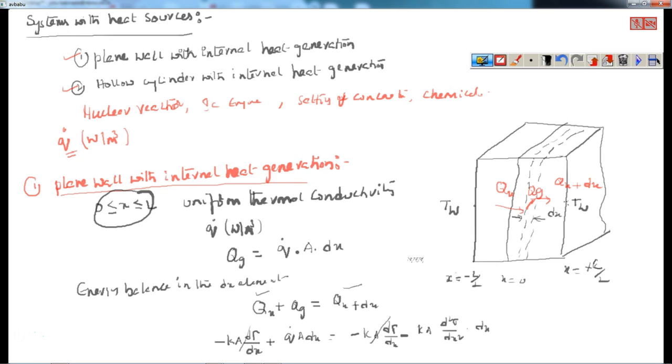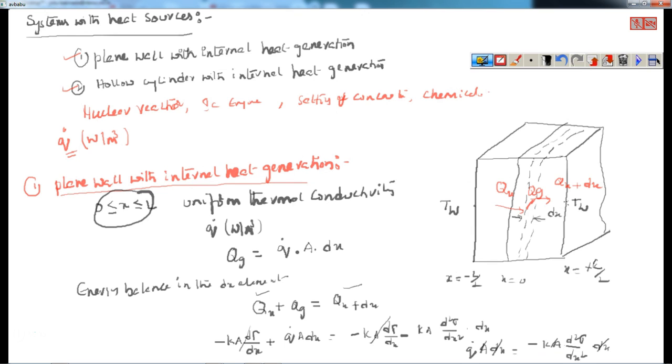The remaining is q dot A dx is equal to minus kA d square T by dx square into dx. Therefore dx also gets cancelled, and A also gets cancelled.